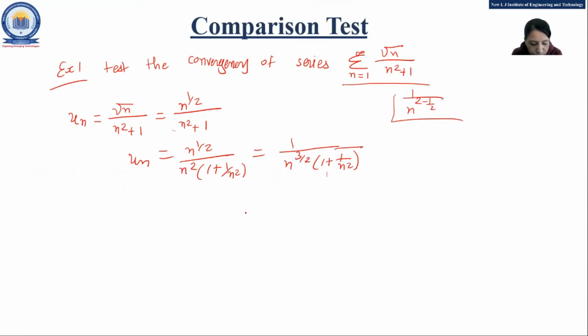We are going to assume another series vn, taken from this expression. The question is what should be your vn: n raised to 3 by 2, or 1 upon 1 plus 1 upon n square?